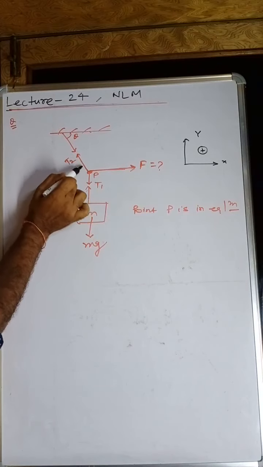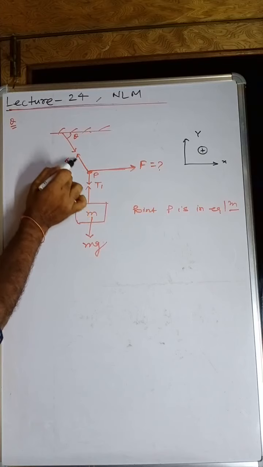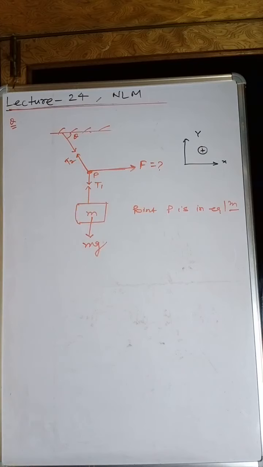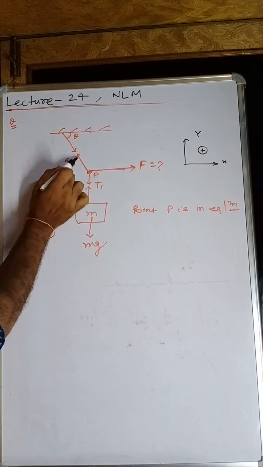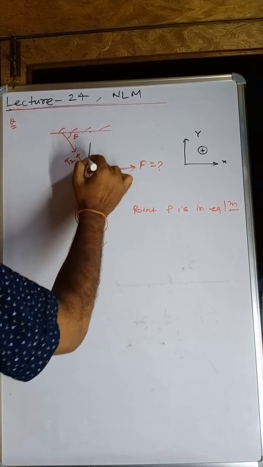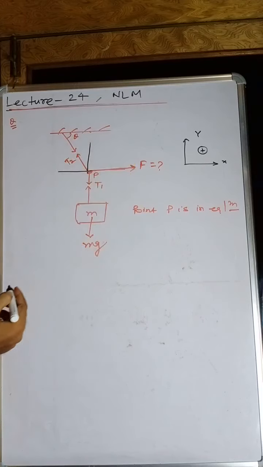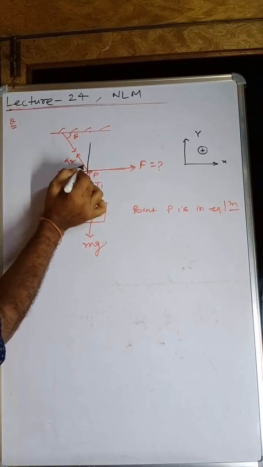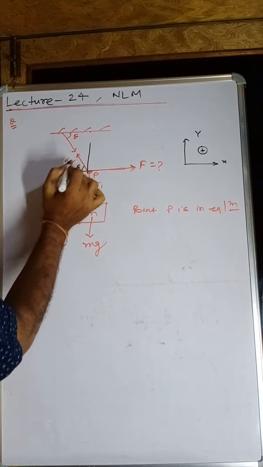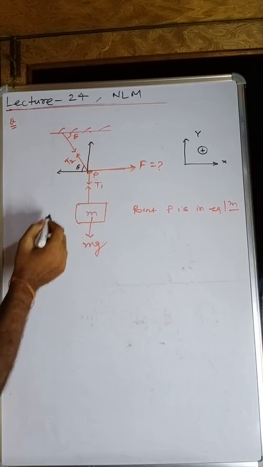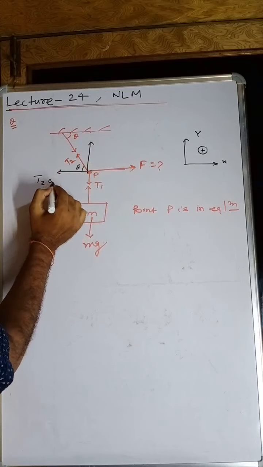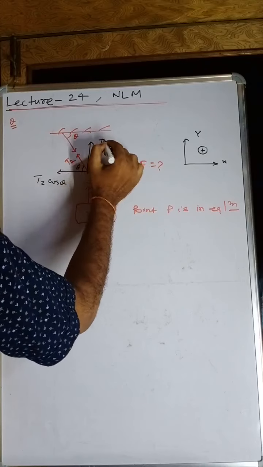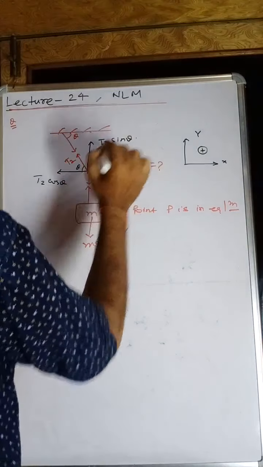But we cannot see T2 along any axis. So we will break this force into components along the x and y axes. If this is theta, then T2 will have two components: T2 cos theta and T2 sin theta.